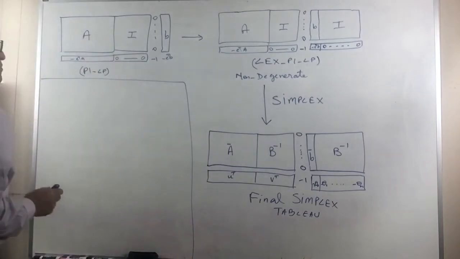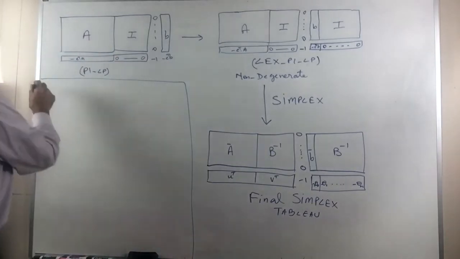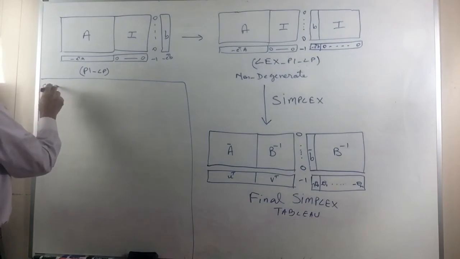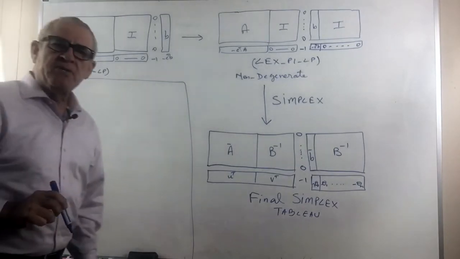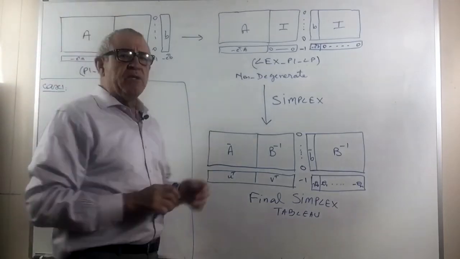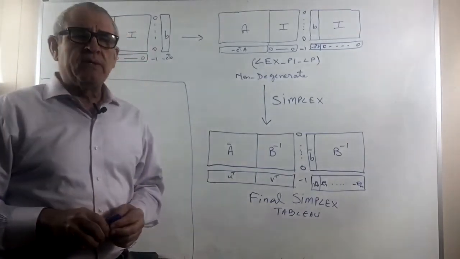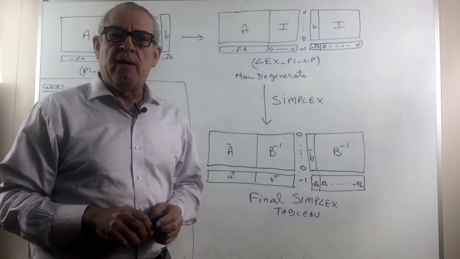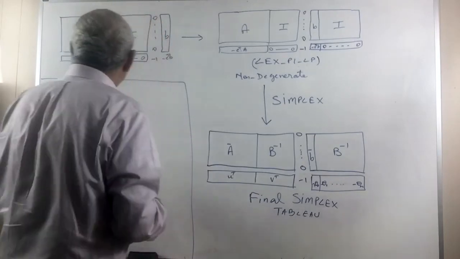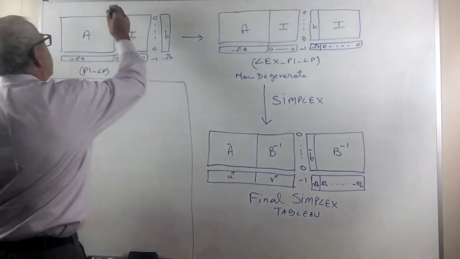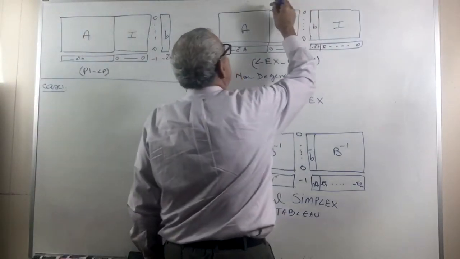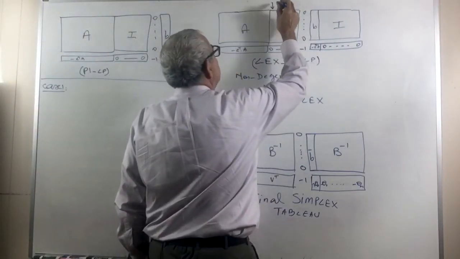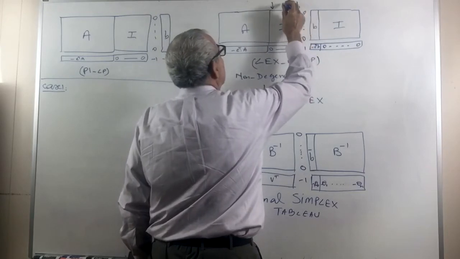And let's take, first of all, there are many cases. So let's take the best case scenario first, case 1. The best case scenario, remember that the objective of phase 1 is to get a simplex tableau for the linear program. So when we start, our basic variables are over here.